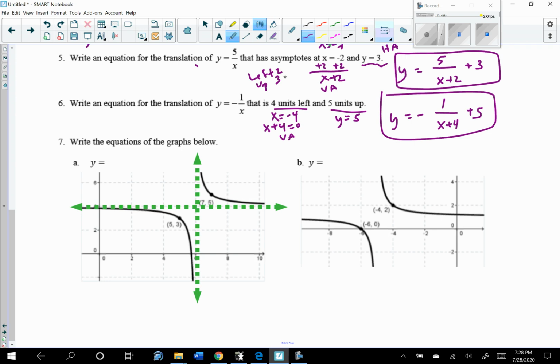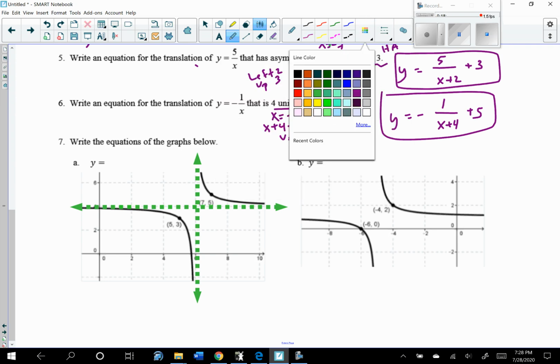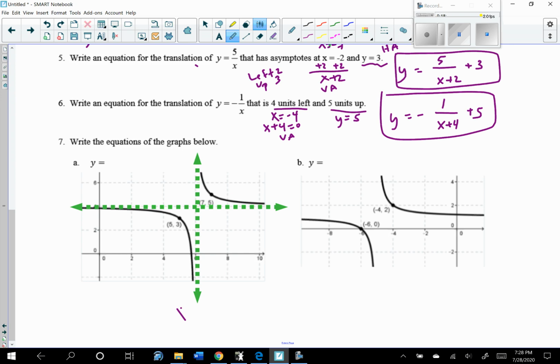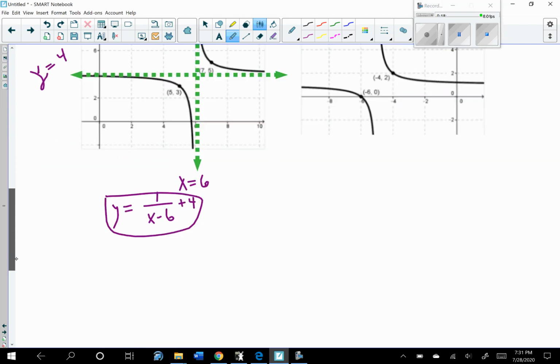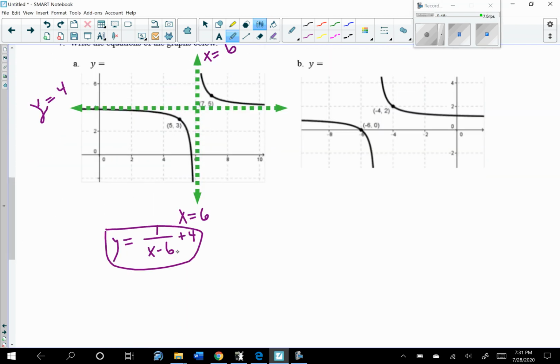So it looks like our vertical asymptote is at x equals, that's 4, and that's 6, and that's 8, so x equals 6. And our horizontal asymptote is at y equals 4 because it goes 2, 4, 6. So for my equation, I have y equals 1 over x minus 6 plus 4.